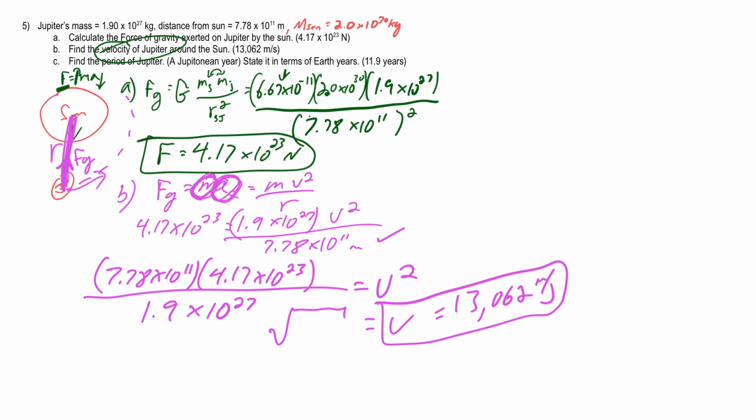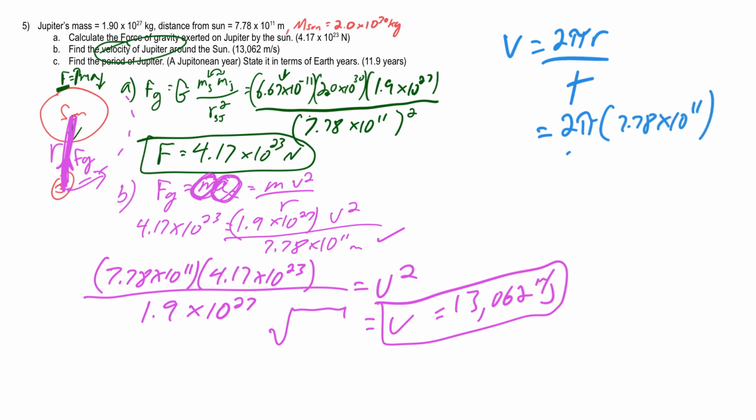All right, what's the period of Jupiter? So period would simply mean how long it takes for one full loop, right? So for that, we'll be using our 2 pi r over time. So that's going to be 2 pi. Again, the radius is the radius of that circle. That's the distance between them, 7.78 times 10 to the 11th.